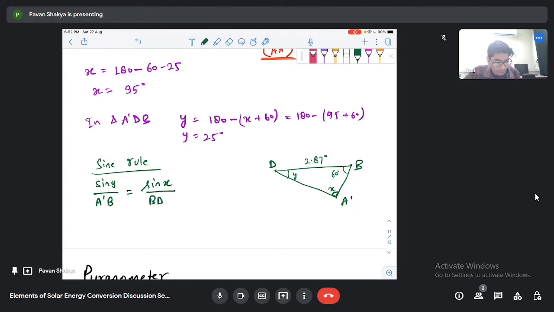From here you can easily calculate that A prime B comes out to be BD sine Y divided by sine X.